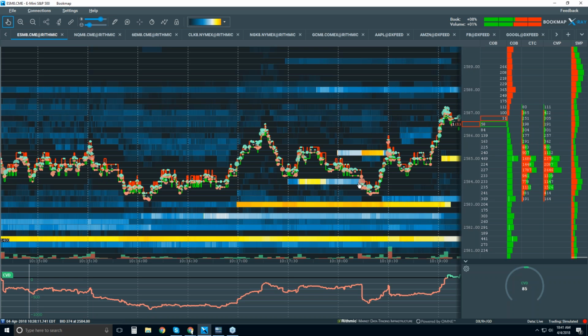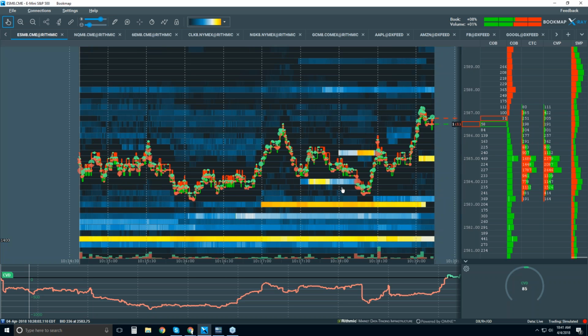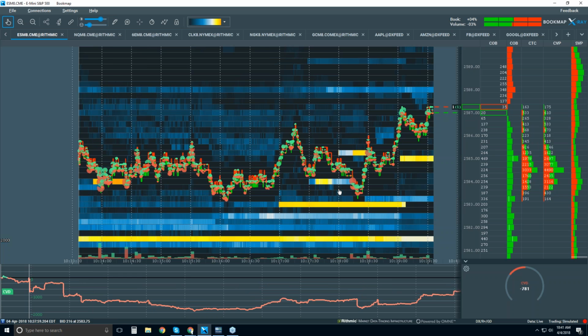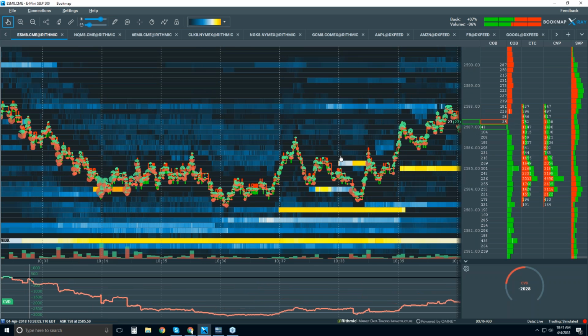You can see the transaction that took place, but a lot of it pulled before it got there. So we're starting to understand the intent of these traders at these areas. This area never got tested down here. We never got enough sellers to come down and test it. But we're gaining pretty good insight here.